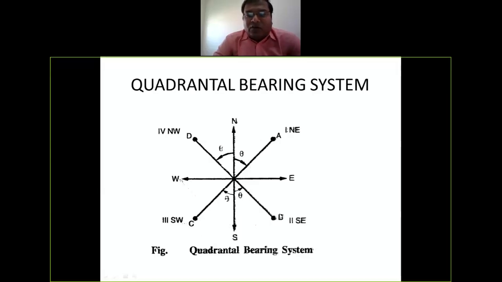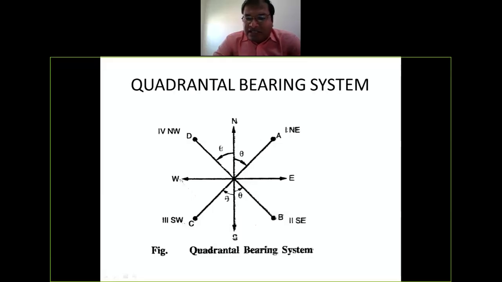Then your OB line lies in the second quadrant. And it is approaching which pole? So you can see nearer pole is south pole. So we will measure the angle with respect to south. You can see I have mentioned the arrow mark here also. In the previous one, you can see this way. Then your OC line lies in the third quadrant. Whichever pole is nearer to this OC line, you can see south pole.